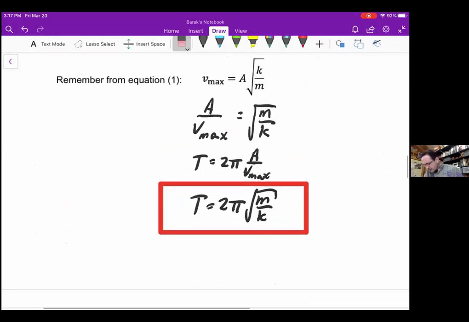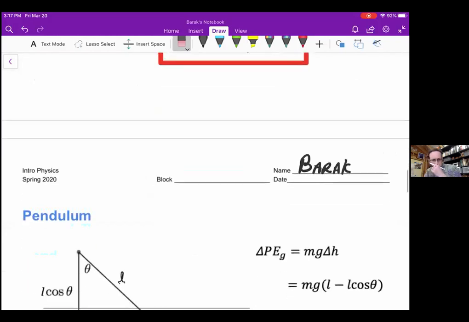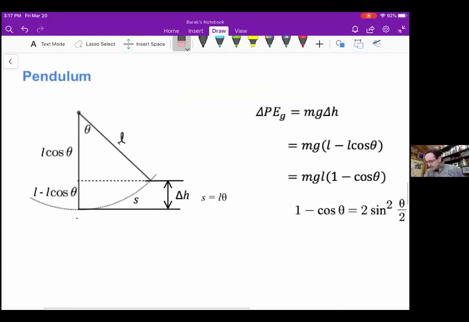We'll do the same thing now with a pendulum so that we know the period of a pendulum. We can use the same analogy, because everything's an energy. The energy is the sum of the kinetic energy plus the gravitational potential energy, and that's delta PEG.